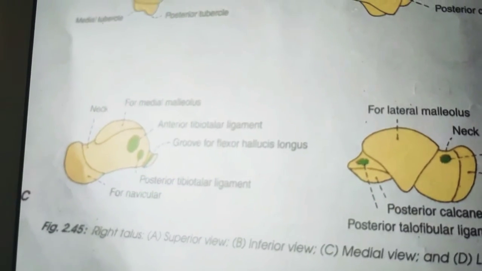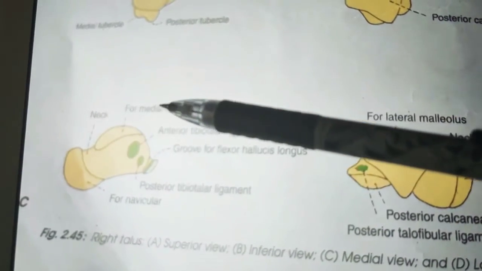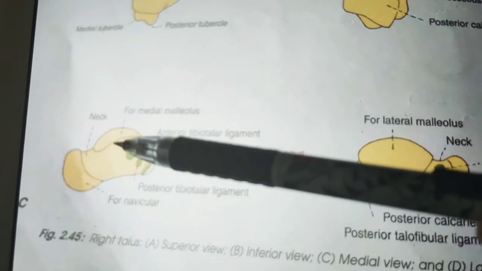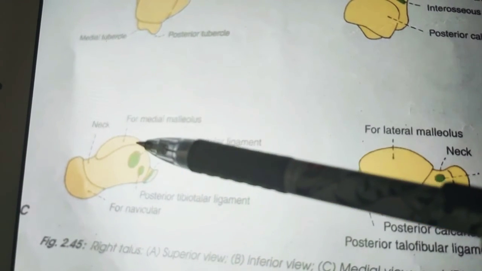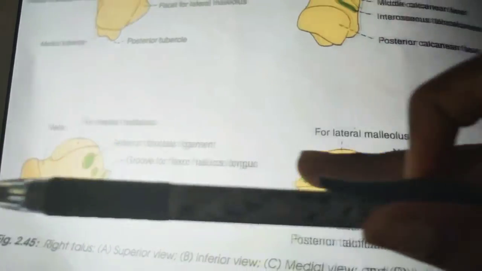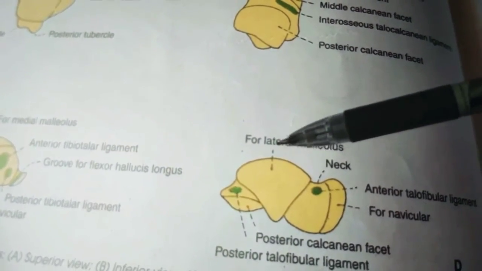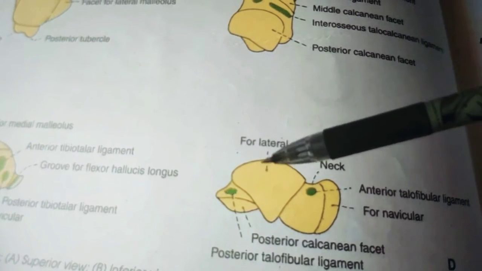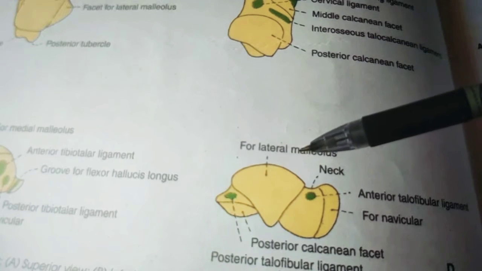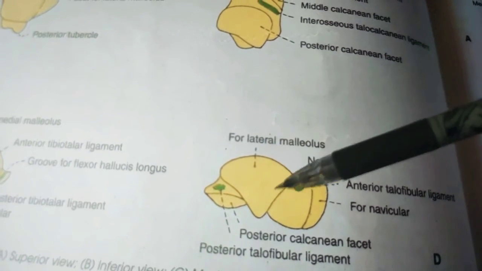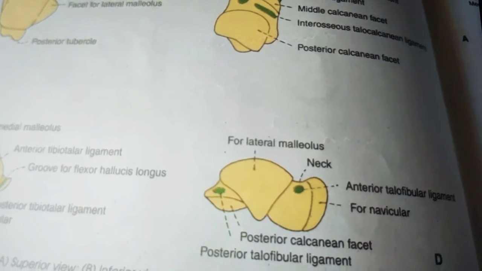If you observe the medial surface, it is articular above and non-articular below. The articular surface is comma shaped and articulates with the medial malleolus. The lateral surface bears a triangular articular surface for the lateral malleolus, and this surface is concave from above downwards, and its apex forms the lateral tubercle of the talus.